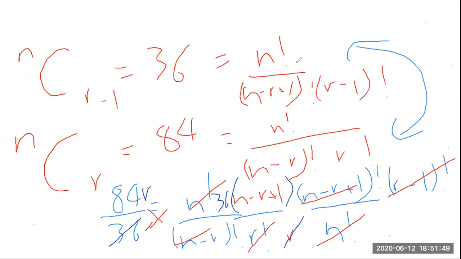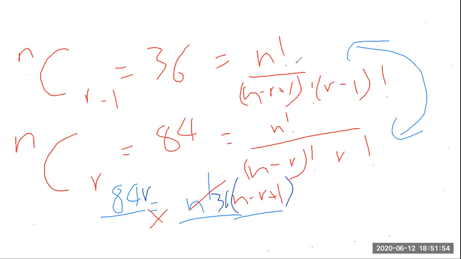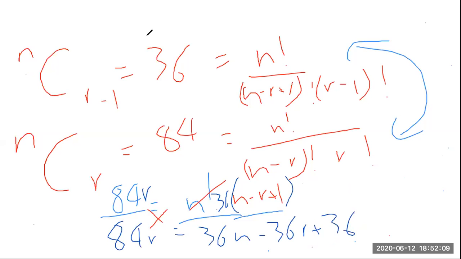If we simplify that, we get 84r equals 36n minus 36r plus 36, and then we take all the variables to one side because that would help us compare when we get another relation.